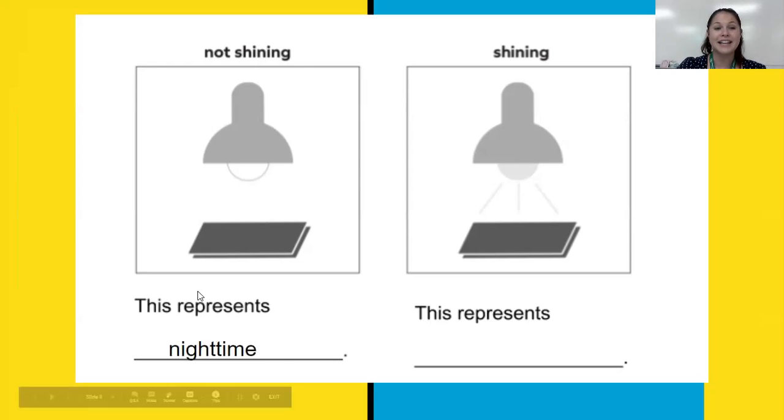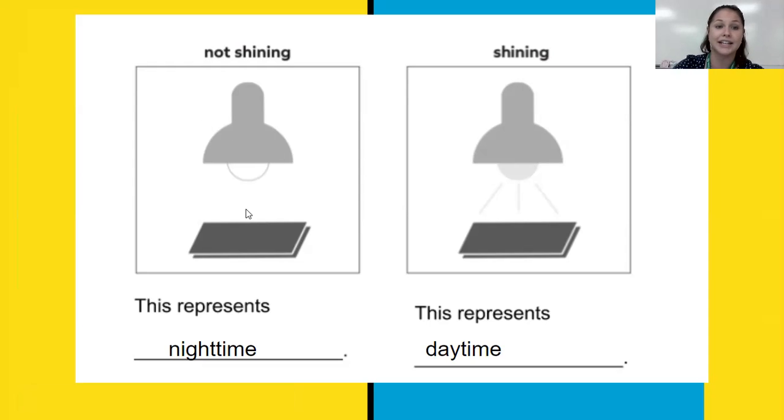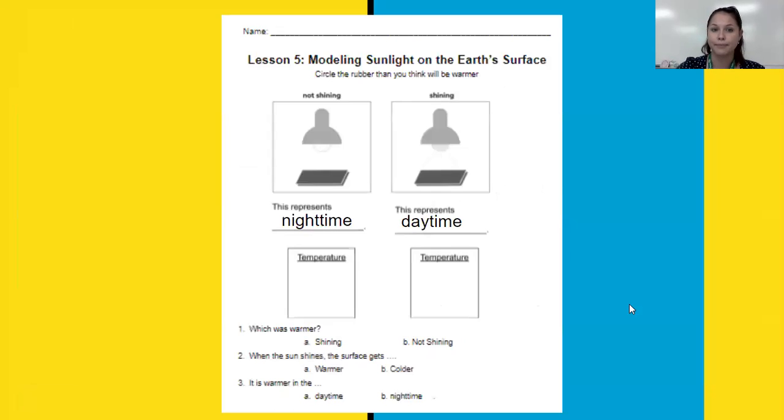This is going to represent nighttime, when there's no sun shining. If the sun or the light is shining, when do you think that is? That's representing daytime. So when the sun or the light is not shining, this is showing us what the temperature would be at nighttime. When it is shining, that's showing us the temperature at daytime.